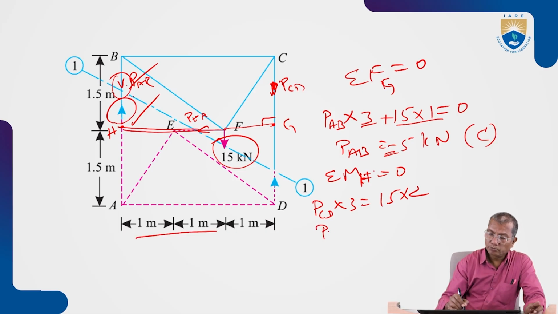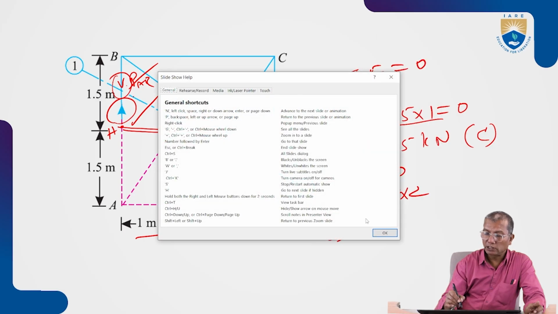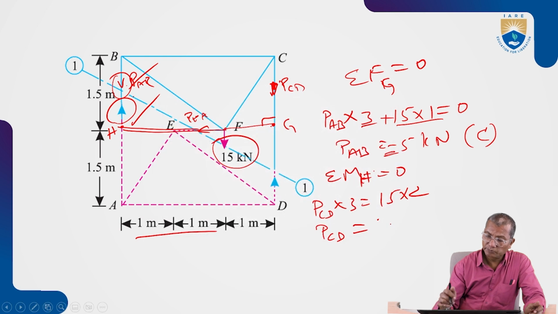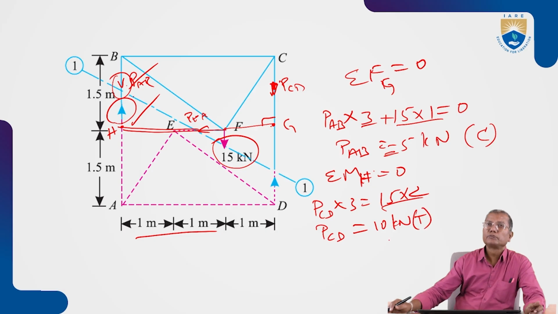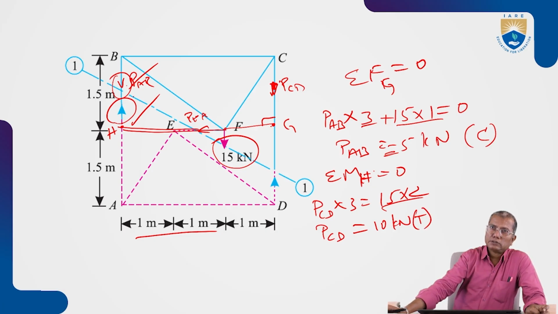So PCD is equal to 30 by 3, that is 10. And it is positive, which means the assumed direction is correct. That is tensile. So PCD is tensile and PAB is compressive.